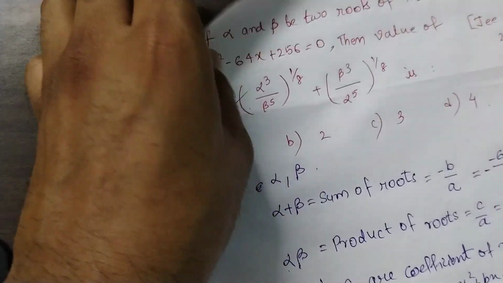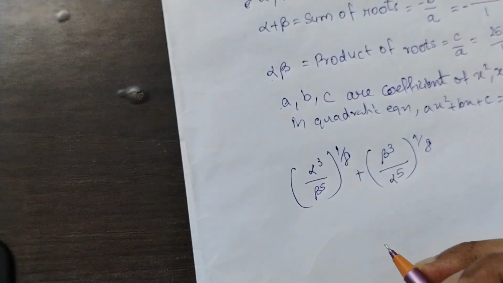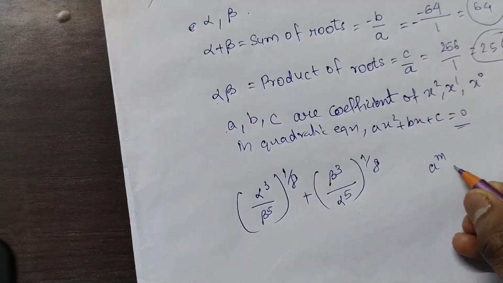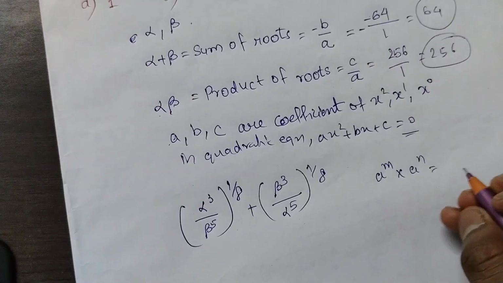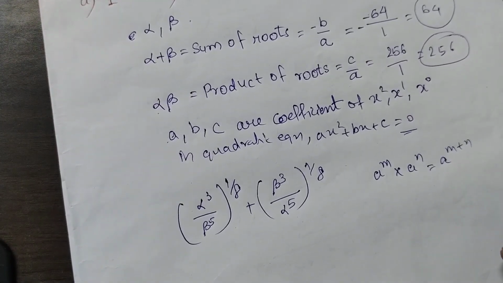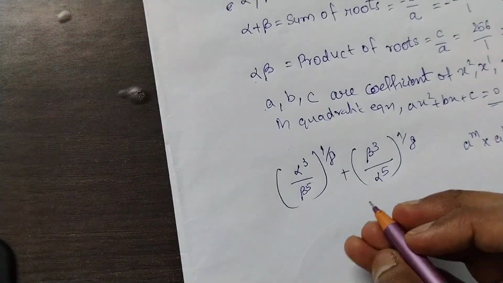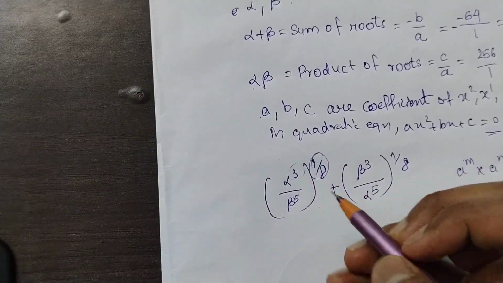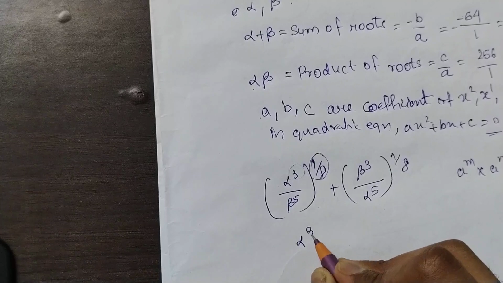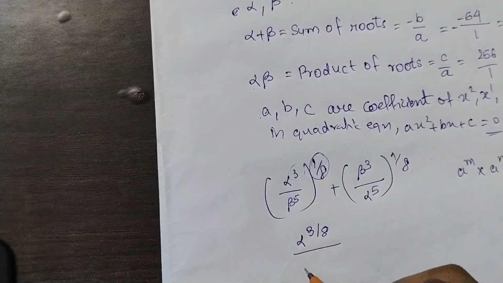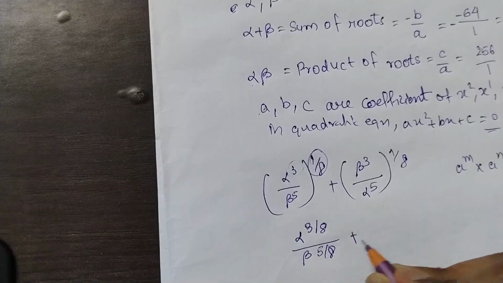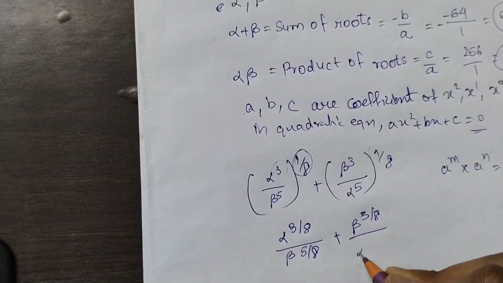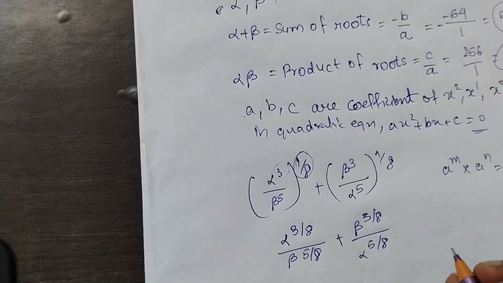Let me use the laws of indices, which say that a to the power m times a to the power n is a to the power m plus n. Here the 1 by 8 is distributed to the 3 and the 5 also, so it can be written as alpha to the power 3 by 8 over beta to the power 5 by 8 plus beta to the power 3 by 8 over alpha to the power 5 by 8.